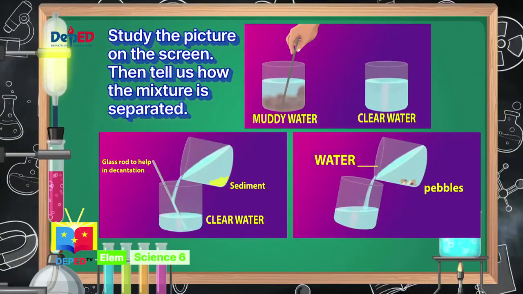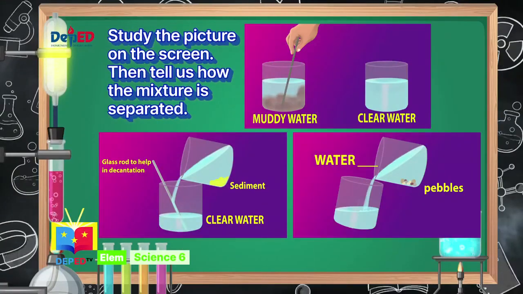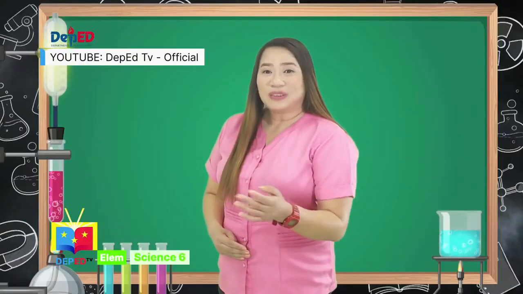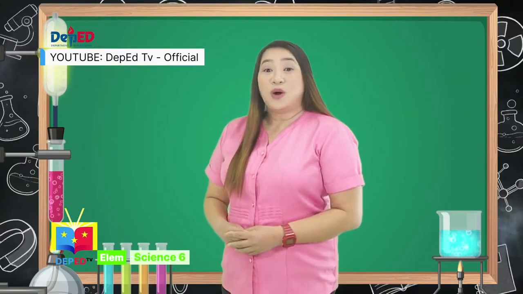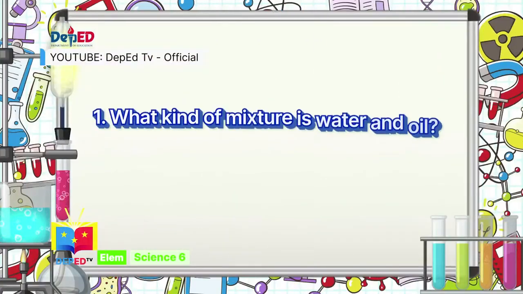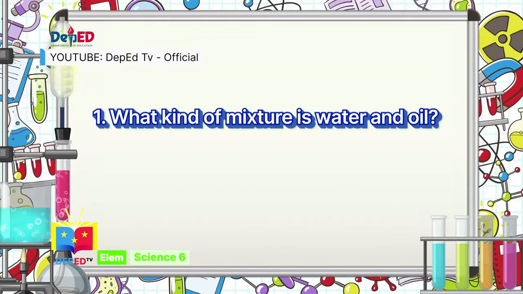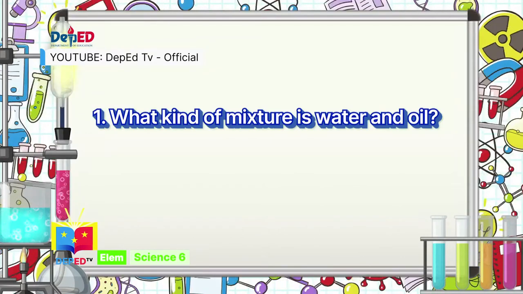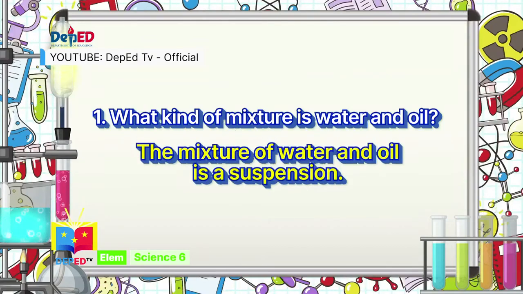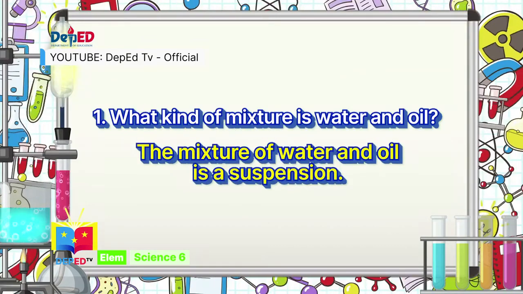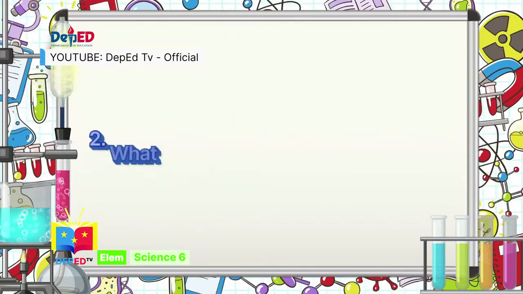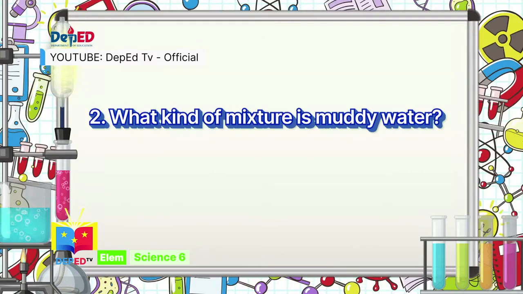Study the picture on the screen. Then tell us how the mixture is separated. So, science-minded learners, what have you observed from the picture? Number 1. What kind of mixture is water and oil? That's right. The mixture of water and oil is a suspension. Number 2.